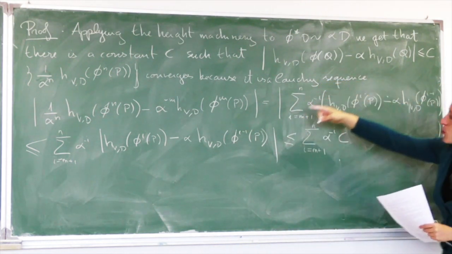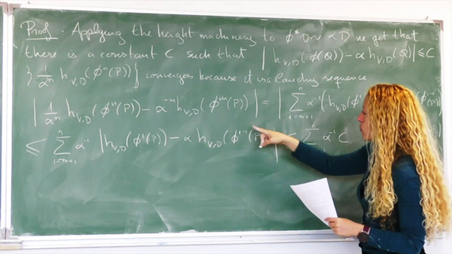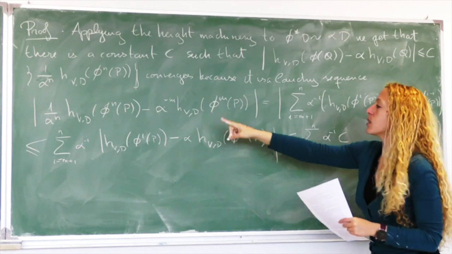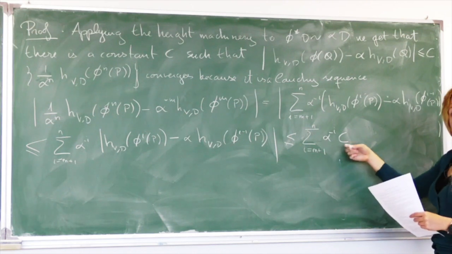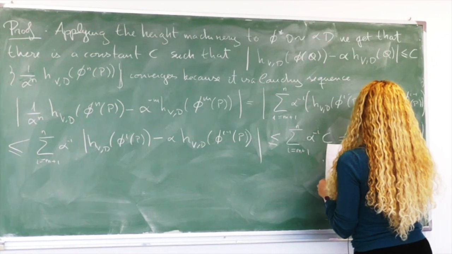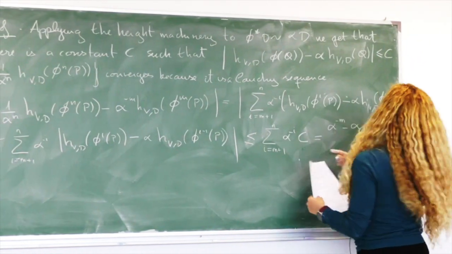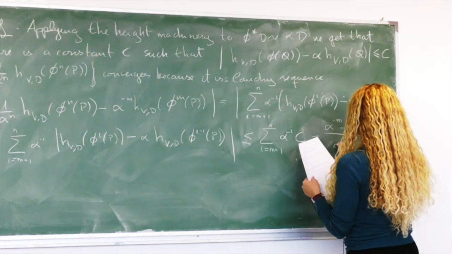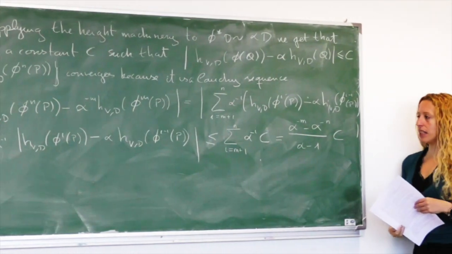I just have to take phi of I minus 1 to the p as the point q here. Each of those terms is smaller or equal than c. And I get this. But now this is something that I know how to compute, right? This is actually equal to alpha minus m. This is a geometric progression, so we have a formula for the sum of the terms. So I get this thing.